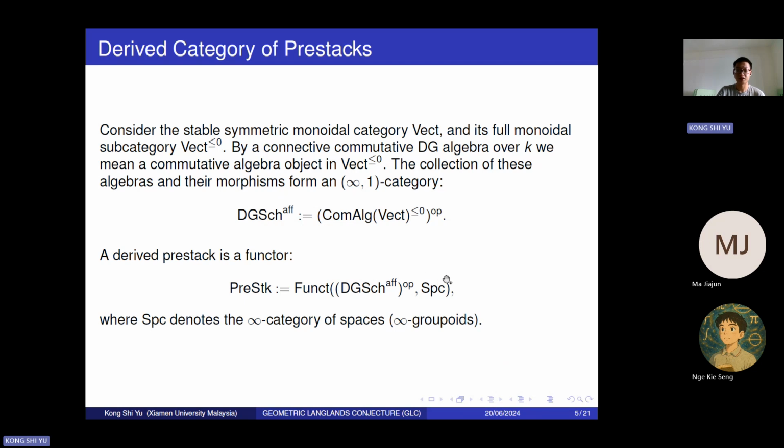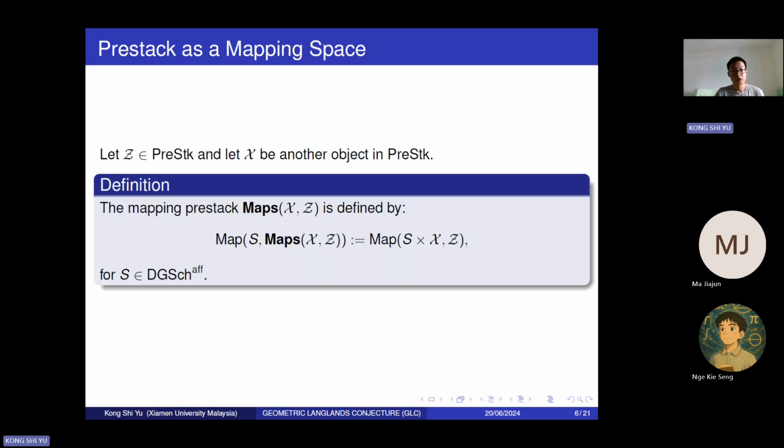Here Spc denotes the infinity category of spaces, or in other words, infinity groupoids. A one-groupoid is defined as a category in which every morphism is an isomorphism. The infinity here means that you consider not only the one-morphisms, but also two-morphisms, three-morphisms, up to infinity morphisms.